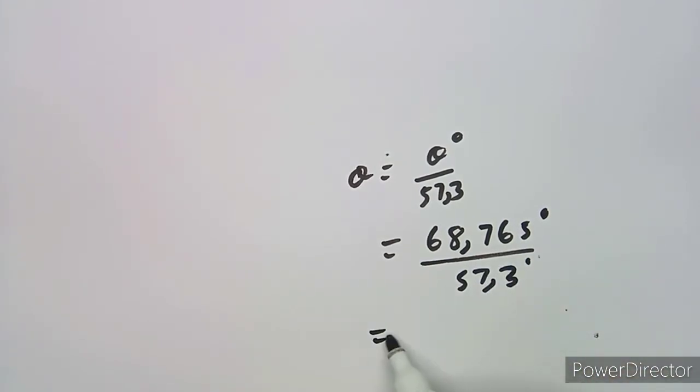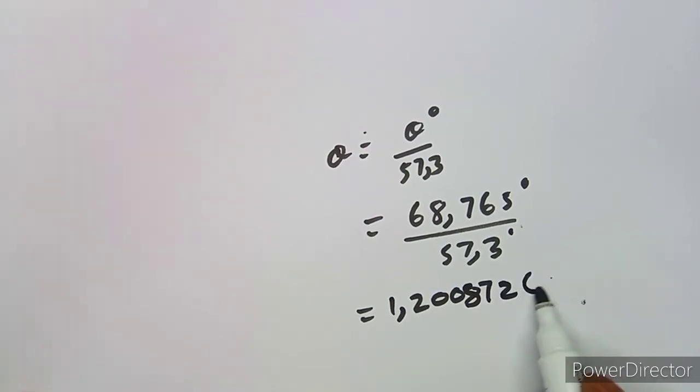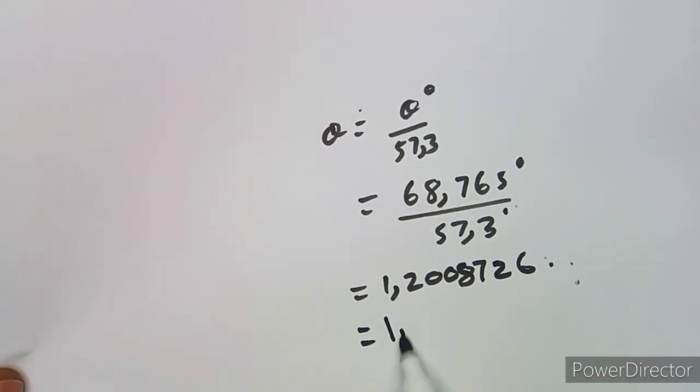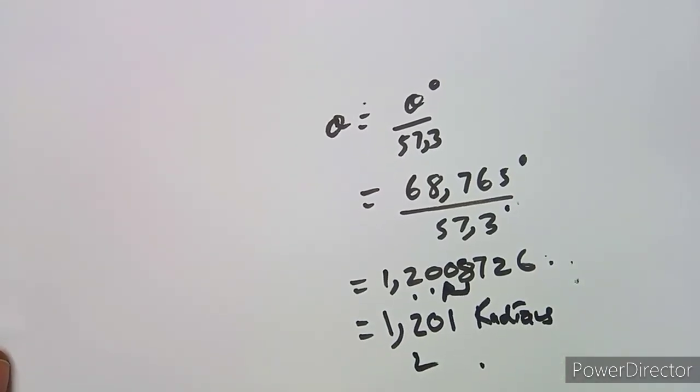The moment you do that, you're going to have your answer in radians, which is 1,2008726, something like that. So to 3 decimal places, 1,201 rad. This 8 is going to change this 0 into 1. So this is now in radians.